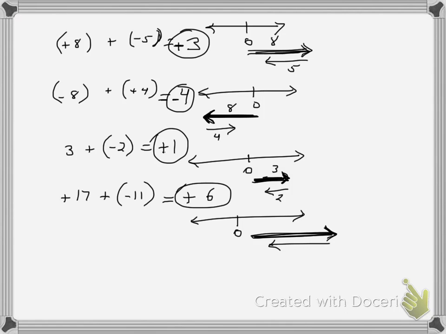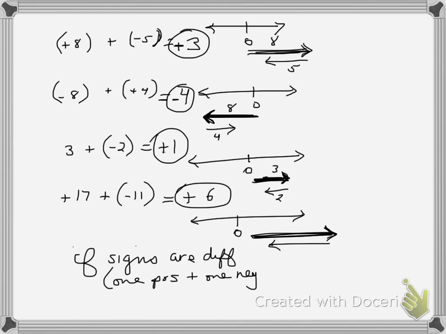What I've learned here now is that if the signs are different, that means one positive and one negative, doesn't matter which order, and I'm taking the sum, I'm adding them together, then the sum will be found as the difference of the two values.